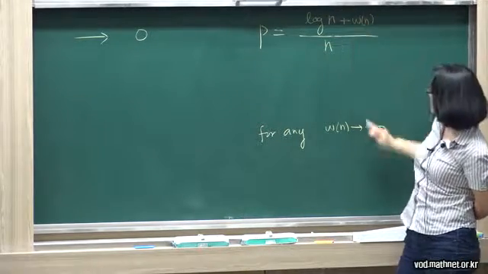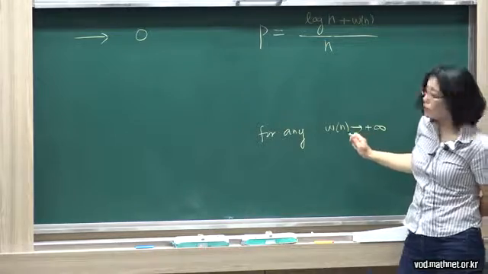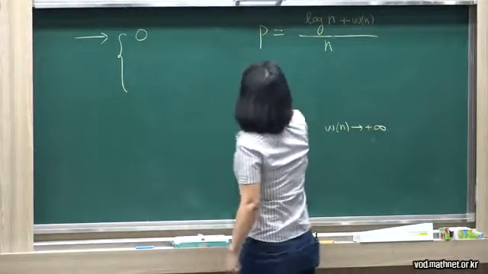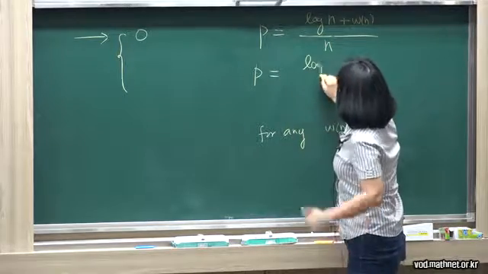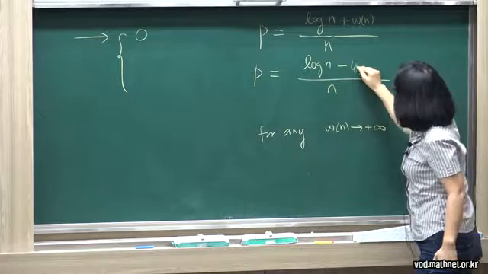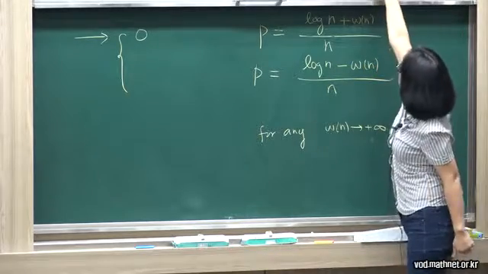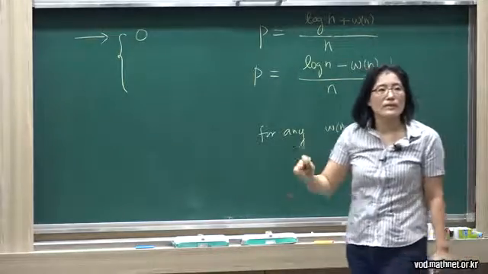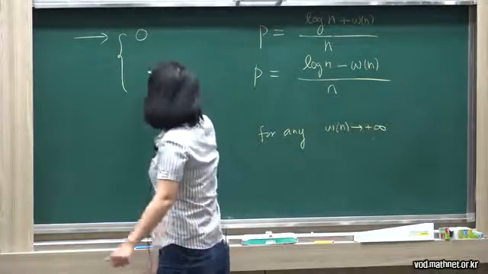Exp of minus infinity is 0, so it tends to 0. On the other hand, if I take this suspected value log n over n, but a little bit less, then because of minus pn, this will be exp of plus omega n, which tends to infinity. Exp of infinity is infinity.